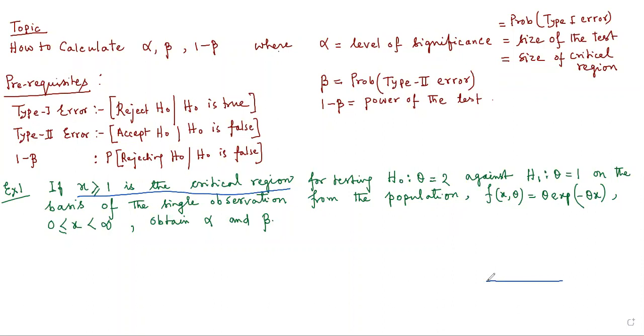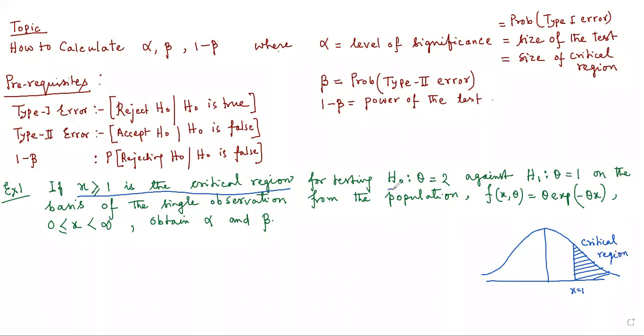So if I want to draw the graph, the so-called normal curve, then if I consider this point x equal to 1, the region on the right hand side of this point is your critical region. Critical region is also sometimes called the rejection region.